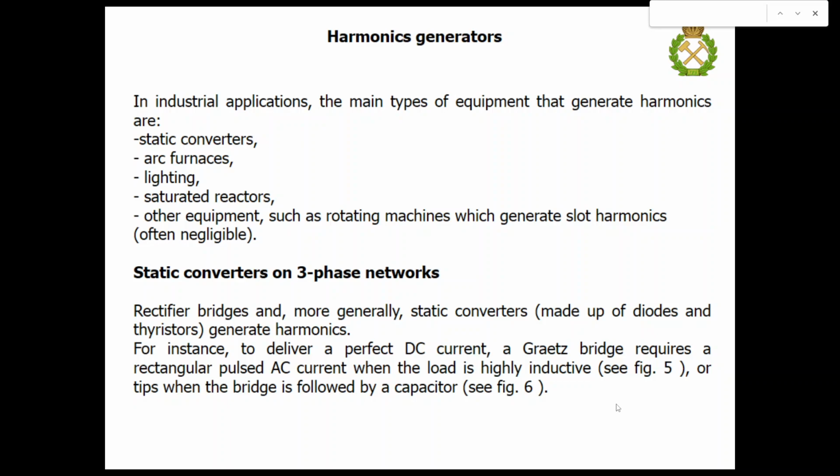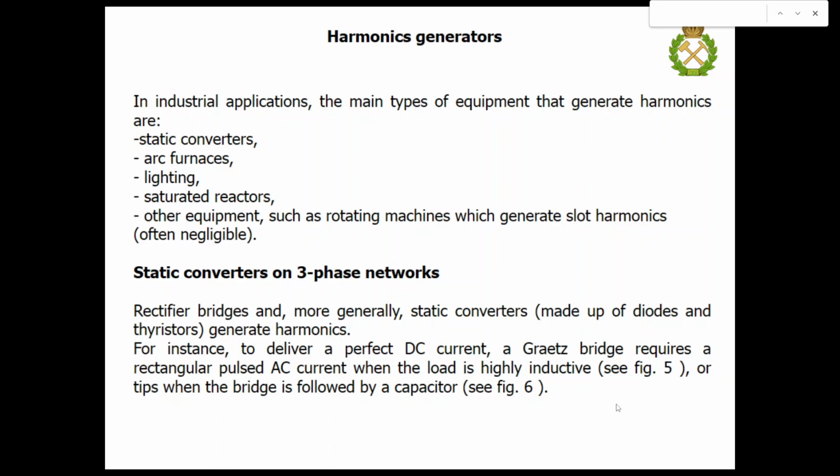Examples of such harmonic generators are static converters, the main group of non-linear load, arc furnaces of different types, lighting systems, saturated reactors, and other equipment, for example, rotating machines, which can generate some low harmonics that are sometimes negligible. And first of all, let's consider the main group, which is presented by static converters on three-phase networks.